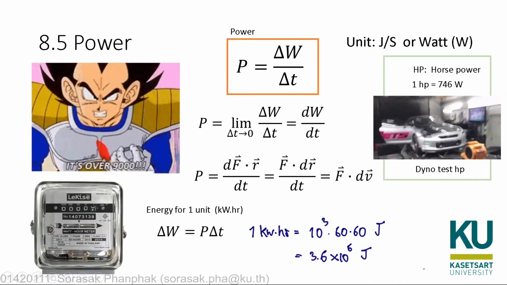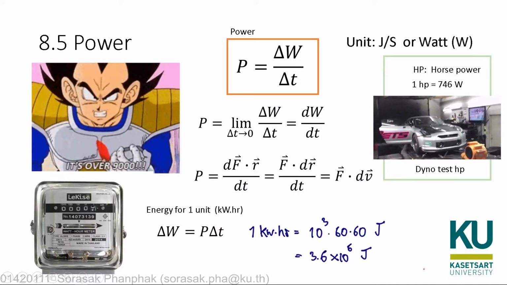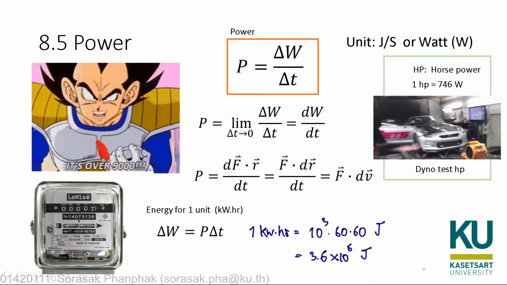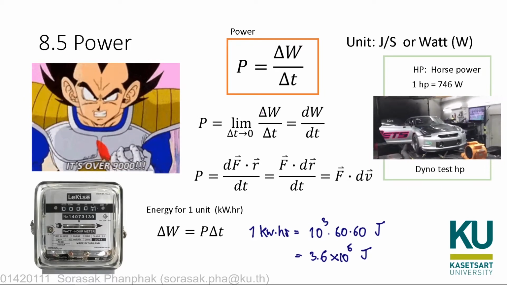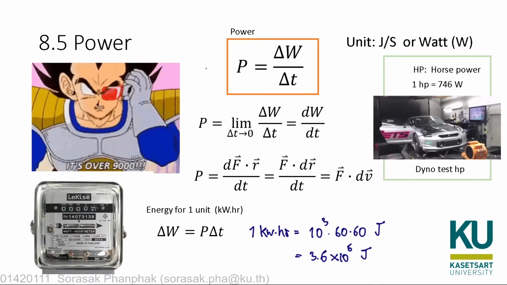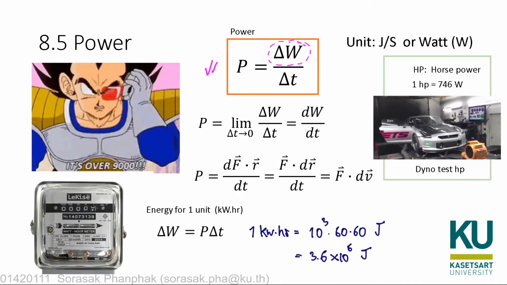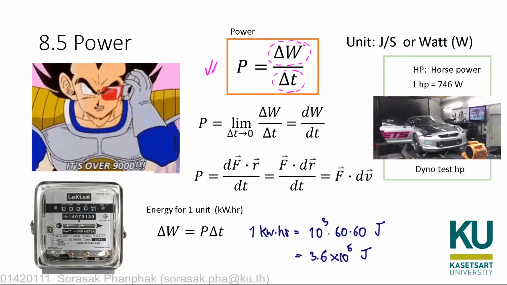So this is the final part of this chapter. It is about power. Power is the quantity you use to quantify the energy of the work that you put into the system. The definition of power is the change of the work involved in the system divided by time.